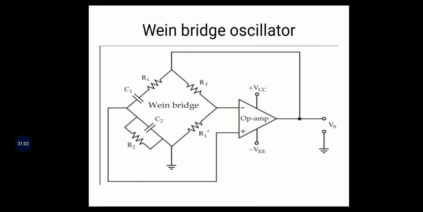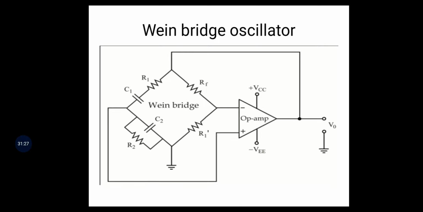If a circuit is working as an oscillator, it must satisfy the Barkhausen criteria. What is meant by the Barkhausen criteria? In the Barkhausen criteria, the closed loop voltage gain is unity, and the total phase shift is 0 or 360 degrees.